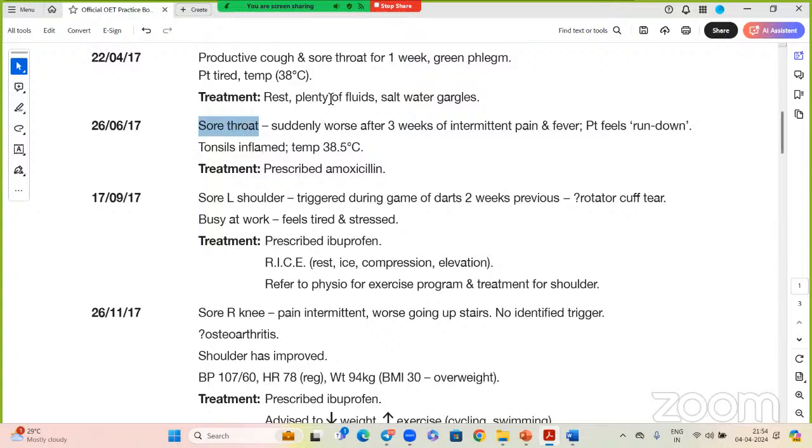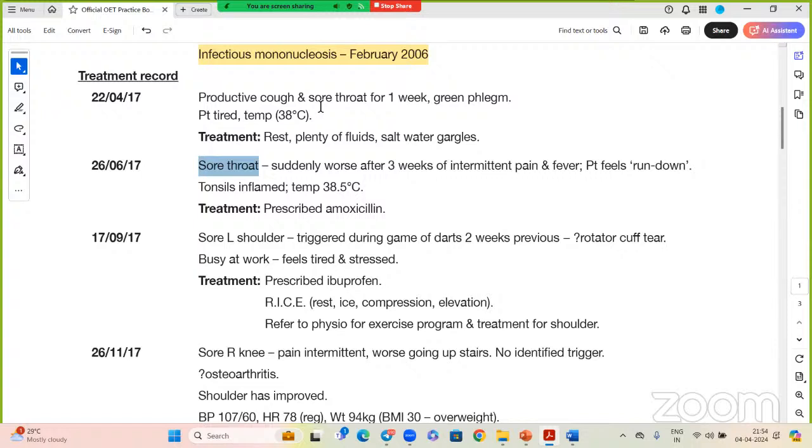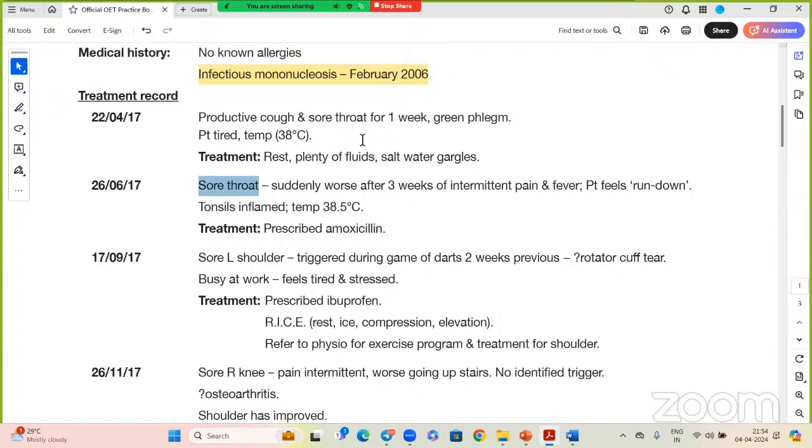Are these infections? Productive cough, sore throat here also. So there are multiple episodes of infection. You can see here, he has a number of times. He has multiple episodes of infection. So we can write this one.